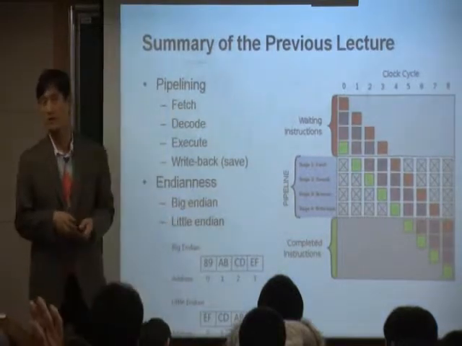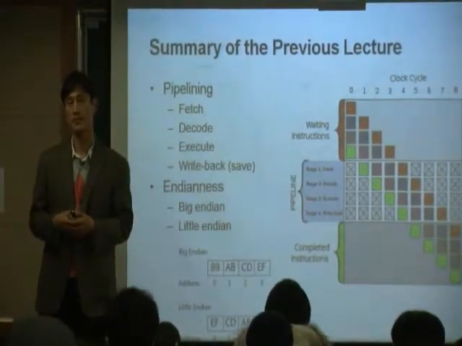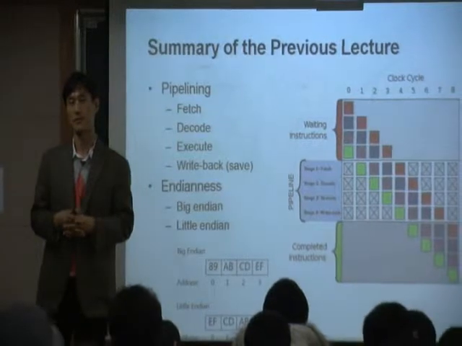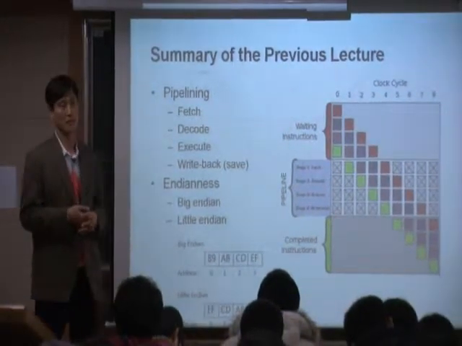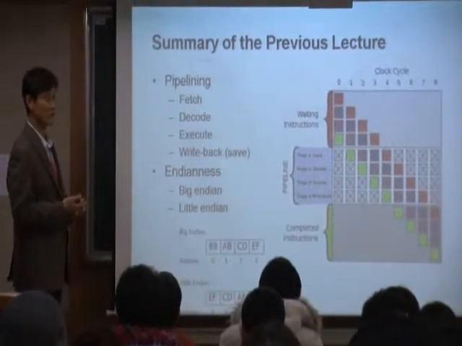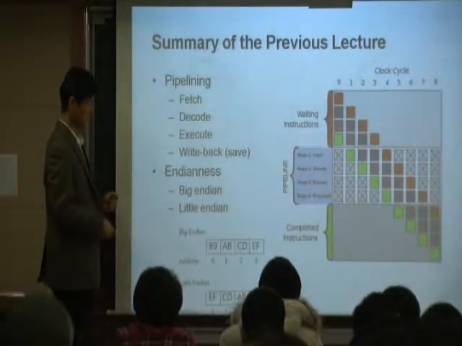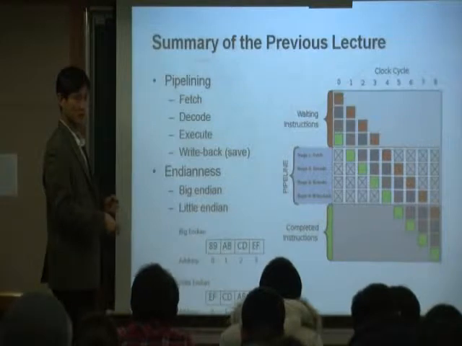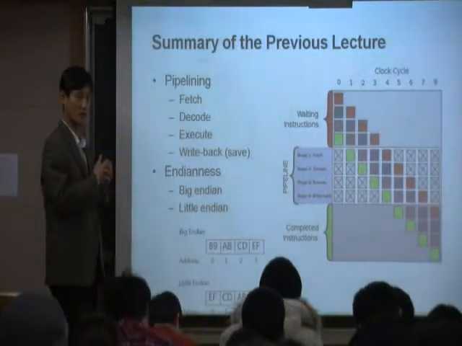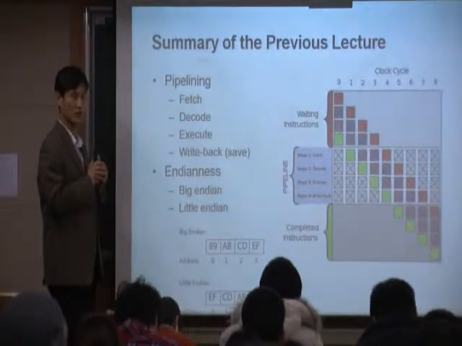Yes. Are there any advantages of using one endianness or the other, or is there no difference? It's just a difference in how to order and organize it. No difference, no advantage.